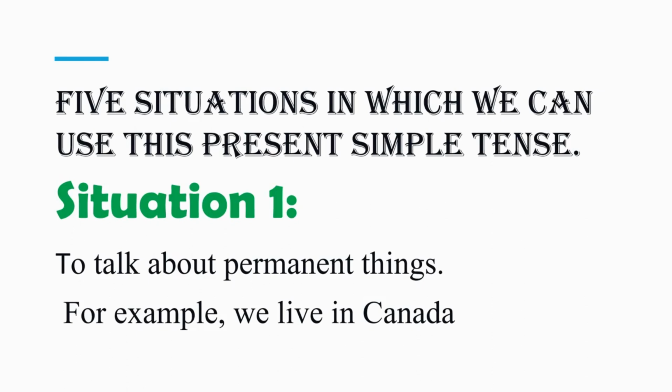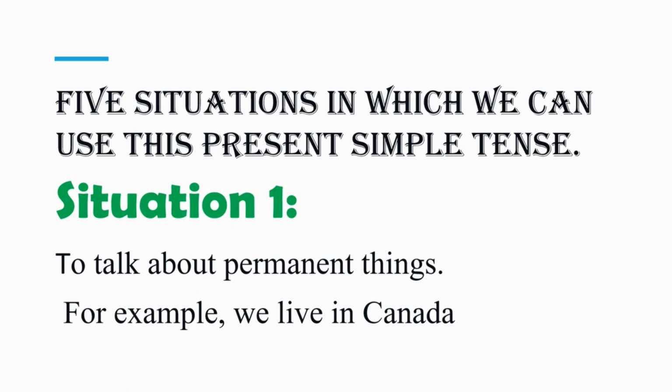First, we can use the present simple tense to talk about permanent things, which are more or less true all the time. For example, if I say, we live in Canada, this is where I live. Not just for a short time, but for a long time. I'm settled here. It's a permanent situation. It's always true for me.